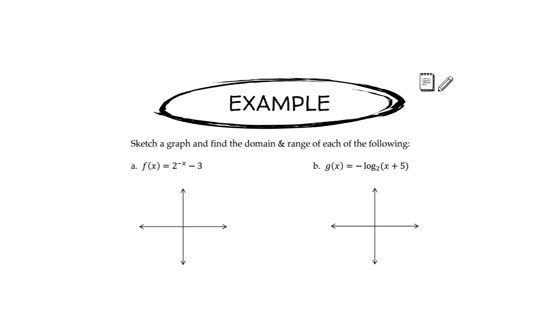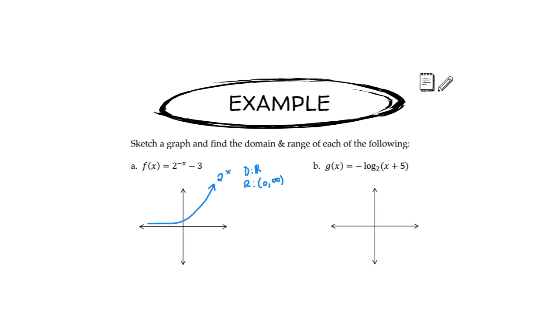Let's start off by recapping some simple graphing of transformations. Suppose we want to graph f of x equals 2 to the negative x minus 3. I'll start by graphing f of x equals 2 to the x, the parent graph, right here. The parent graph has a domain of all real numbers, and it has a range of all positive numbers.